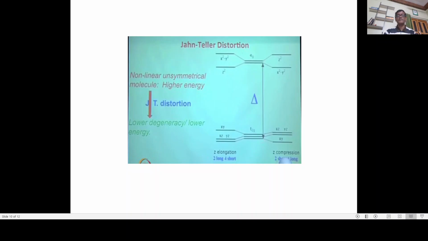The Z plus or minus axis gives us details of this distortion or stabilization energy, how this has been found. Jahn-Teller gives us from higher asymmetric to lower degenerate.